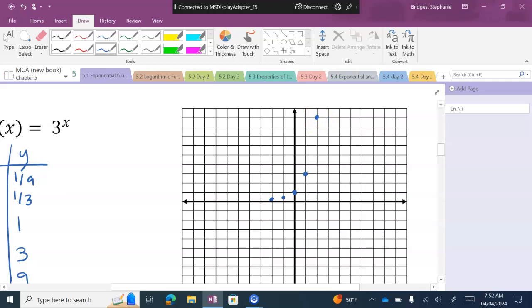Now, before I connect these dots, I want to think this way. If we're looking to the left of our graph, it looks like it's going to continue this way, right? But what I want to think is if we chose an x value even further out, let's say -5. If I were to plug in -5, that's going to be 1 over 3 to the 5th, which is 243. Does that equal 0?